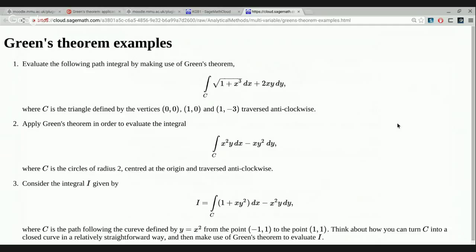Okay. So I've got the question here on the page. So we want to evaluate this, where the region of the curve we're going along is this curve here.